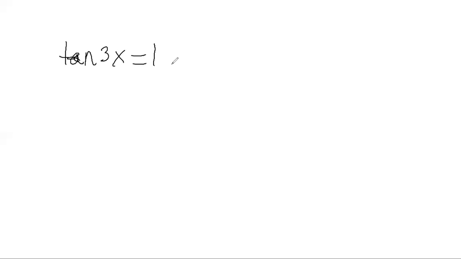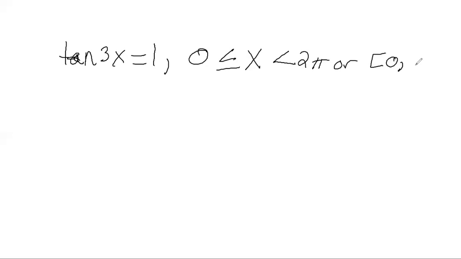But this time, it's on an interval where 0 is less than or equal to x, which is less than 2 pi. In interval notation, that's bracket 0, comma, 2 pi, parenthesis.